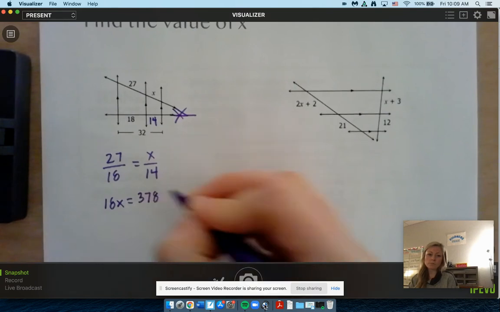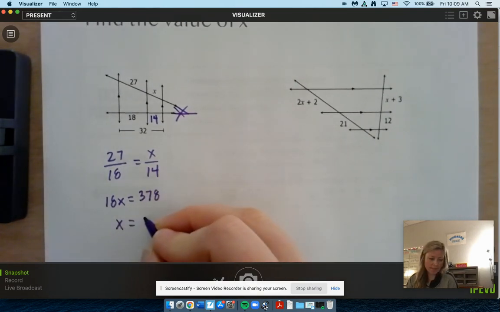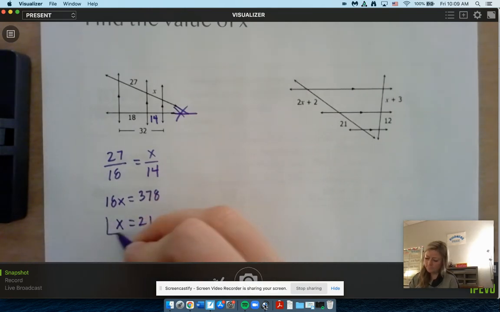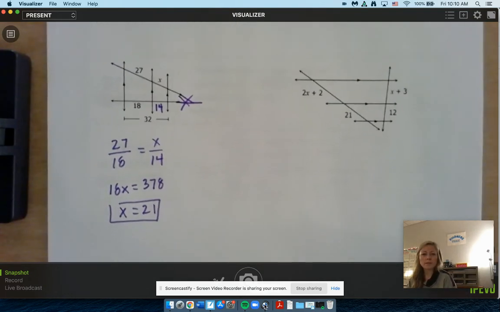Then we divide out. 378 divided by 18 is 21. Perfect.